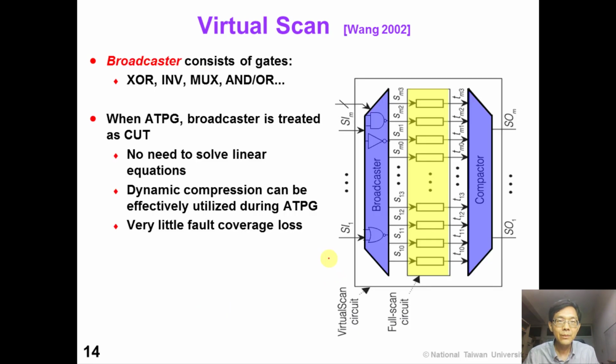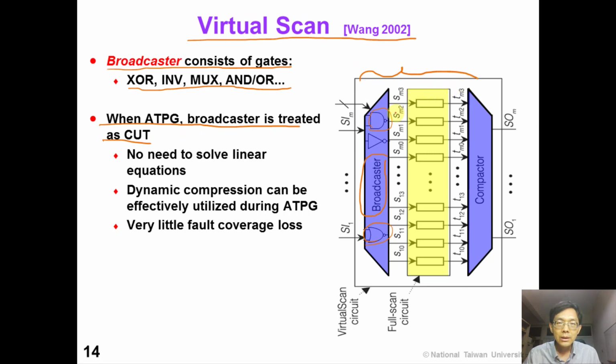In this way, we can apply any pattern to maintain our fault coverage without any degradation. And Dr. Wang also proposed a similar idea called virtual scan in a commercial tool. The virtual scan has a broadcaster which consists of some simple gates such as exclusive OR, inverter, NAND, NOR, etc. When we run the ATPG, the broadcaster is treated as part of the CUT.